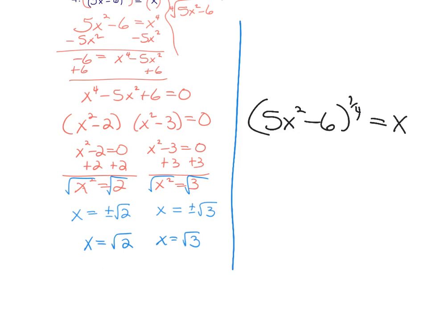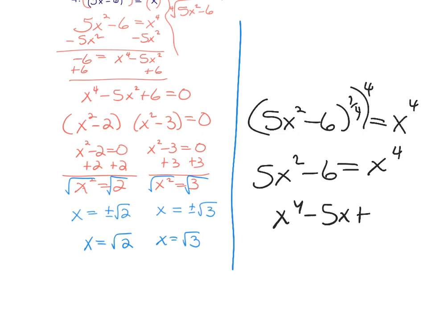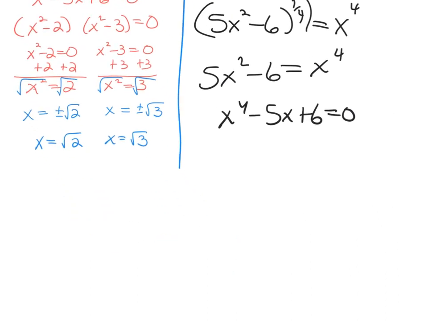So here, I could do a u substitution after I get rid of this, and I get 5x squared minus 6 equals x to the 4th. Standard form is this. This is where the u substitution comes in. I would let u equal x squared.